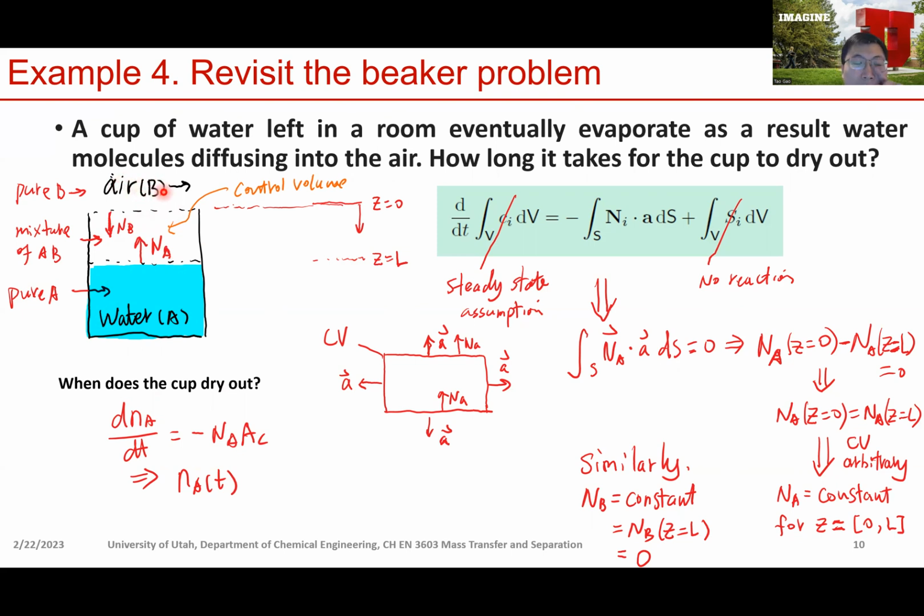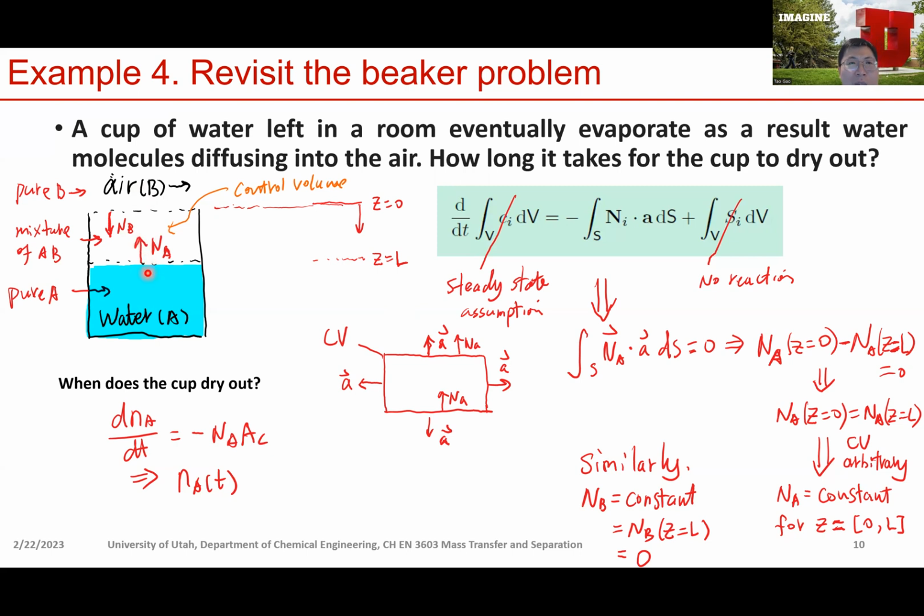Then we have no water vapor here, so outside the cup we have pure phase B. In the liquid phase of water, we have pure phase A. Only the region in between has a mixture of A and B, a mixture of water vapor with air.